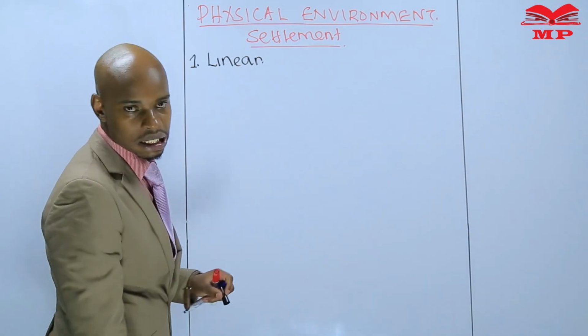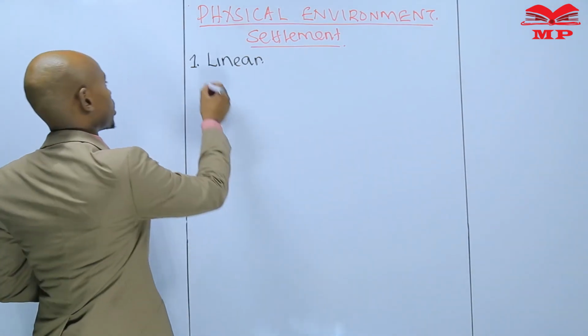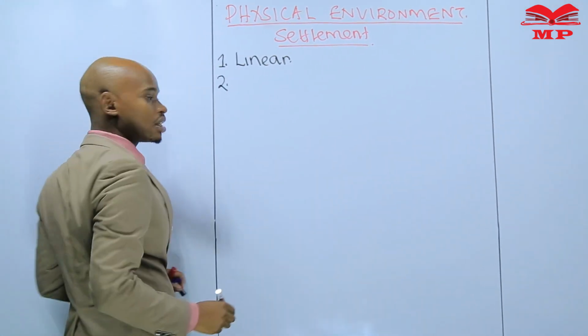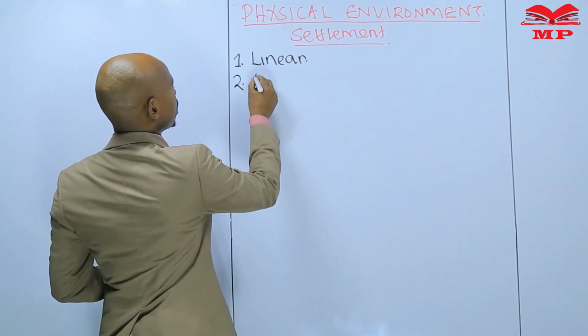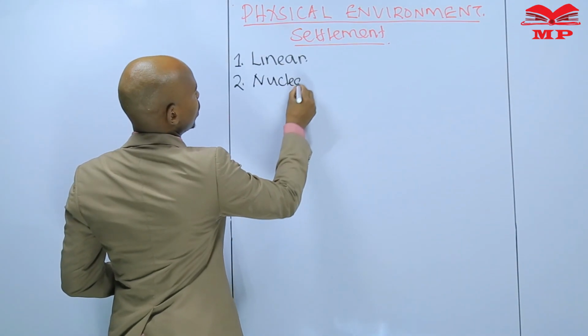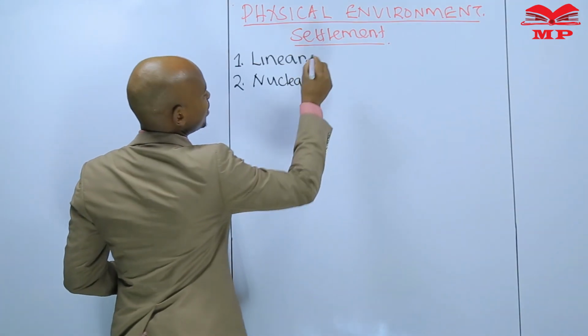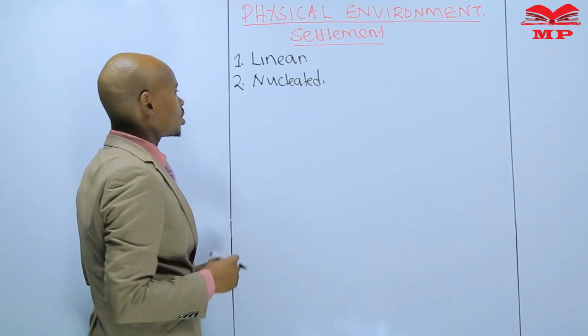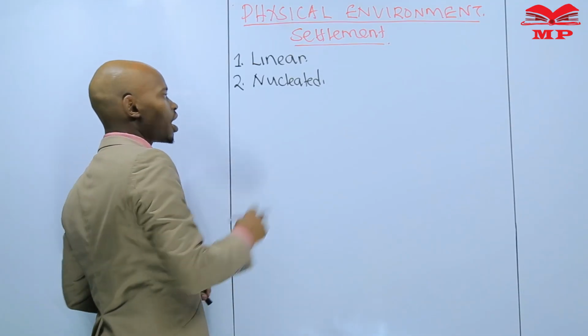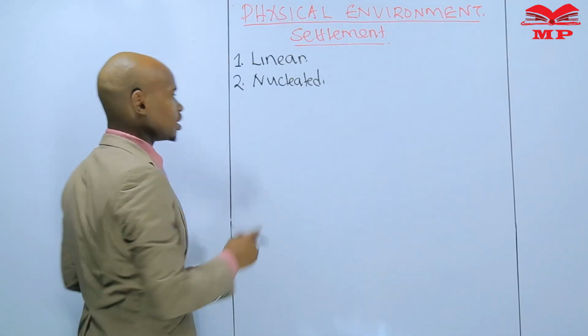Category number two, we have what we call nucleated settlement. I will explain and give examples so that you understand what exactly I mean by nucleated.